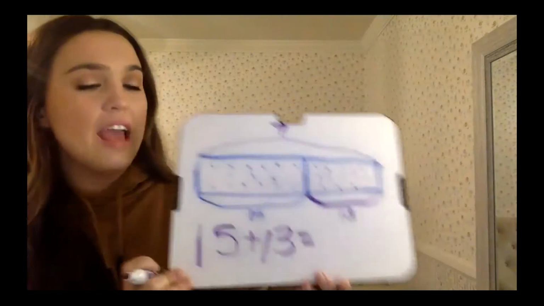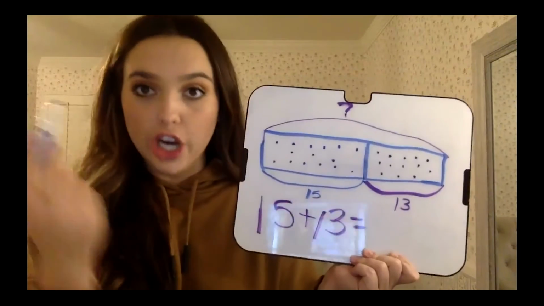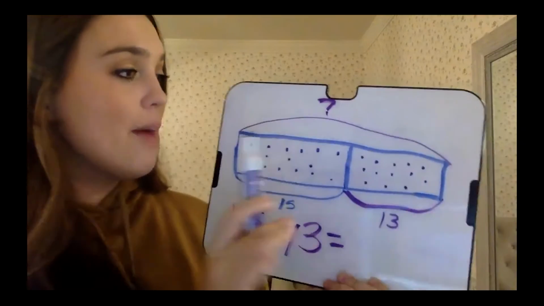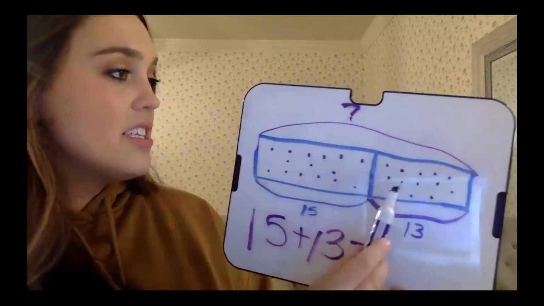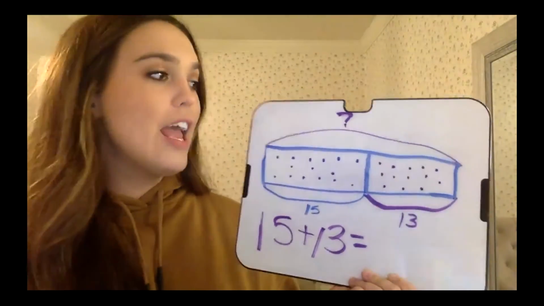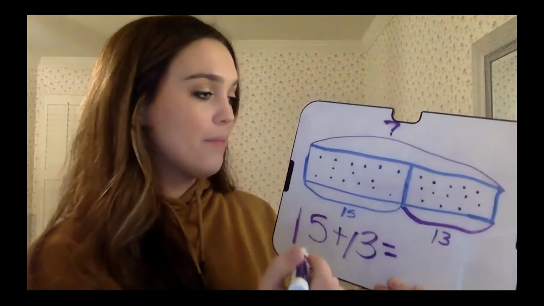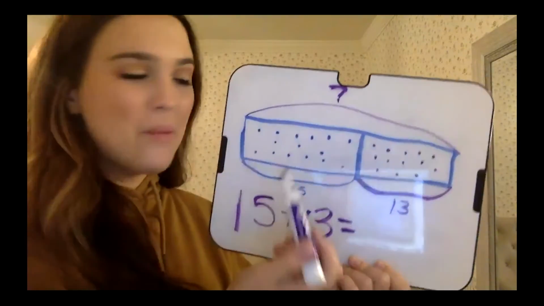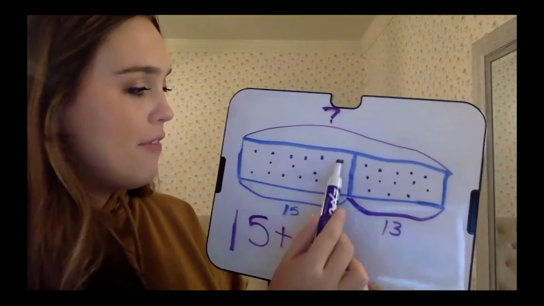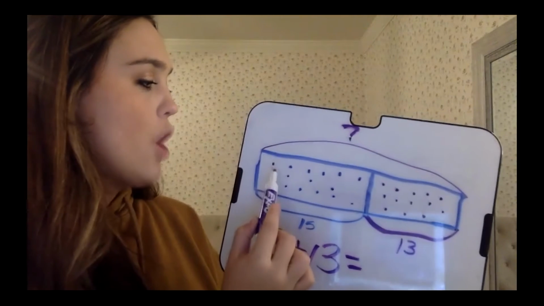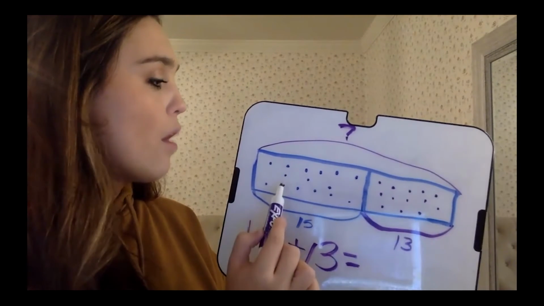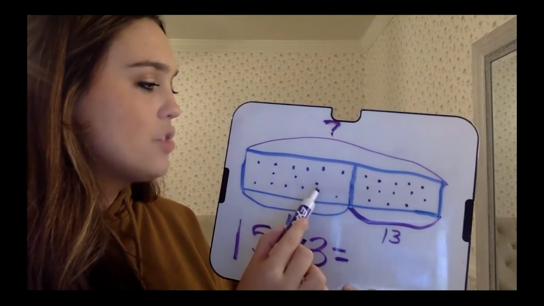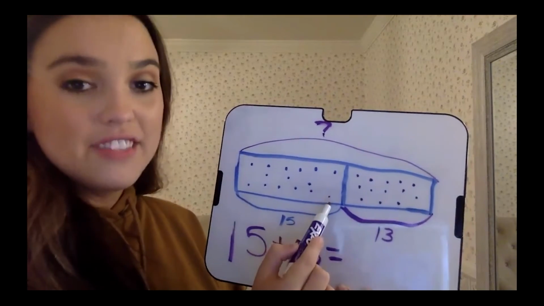If you can do this math in your head, that is awesome. If you can't do it in your head, you can look up here at the diagram. You can count these little dots and add them all together to get your total number. So let's do that together. We know we have 15 here, but we'll still count them. 1, 2, 3, 4, 5, 6, 7, 8, 9, 10, 11, 12, 13, 14, 15.